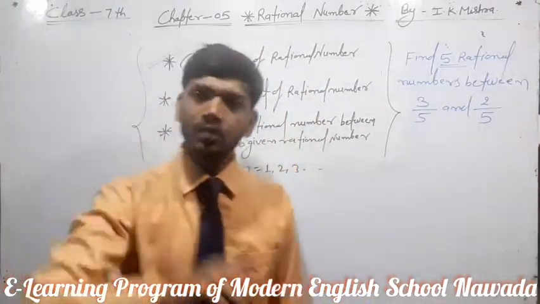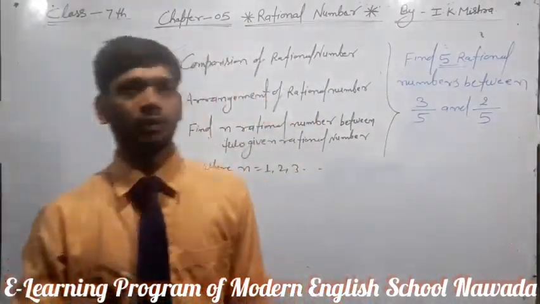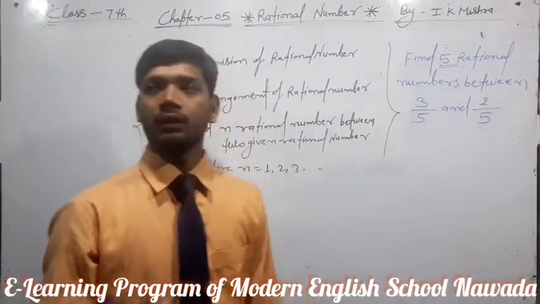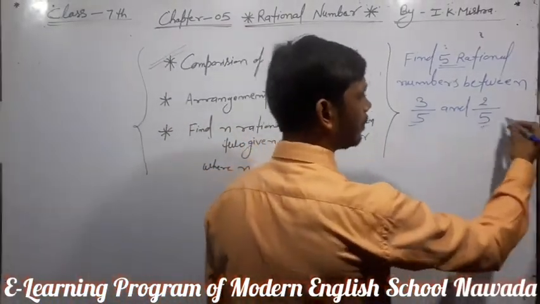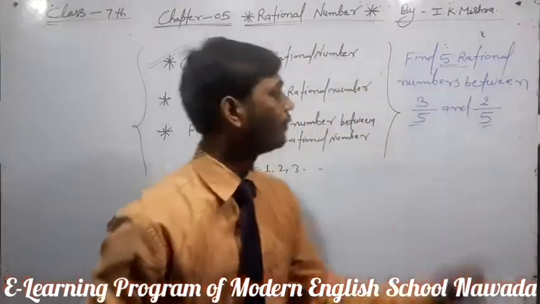For finding n rational numbers, first of all observe the denominators of the given rational numbers. Here both have the same denominator, 5.